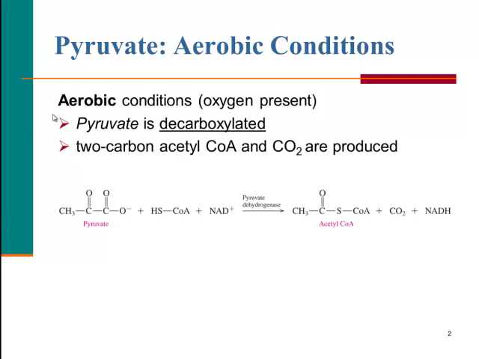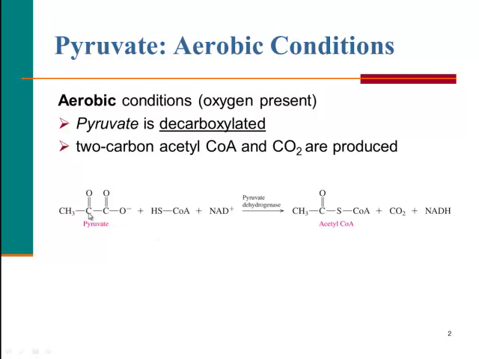So our pyruvate molecule, you'll notice it does have this carboxyl group at the end of it, just the same kind of group that we have at the end of a carboxylic acid. Now our pyruvate molecule is 3 carbons long, but what happens under aerobic conditions is that this carbon, along with these 2 oxygens, is removed to form carbon dioxide.